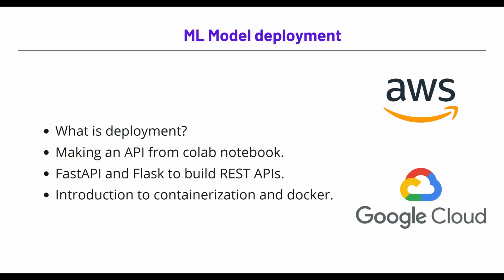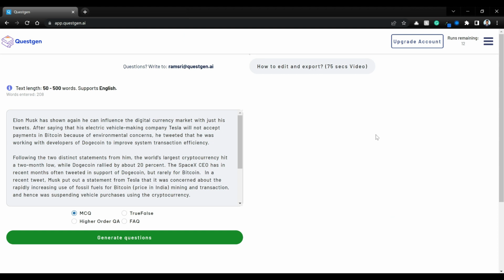So in order to understand deployment, let's understand what happens once you have some working code. For example, let's say you have some working code. In our case, we built Paraphraser, and this is one of my production apps, question.ai, where I've built a question generation algorithm to take in any text and generate some questions and answers.